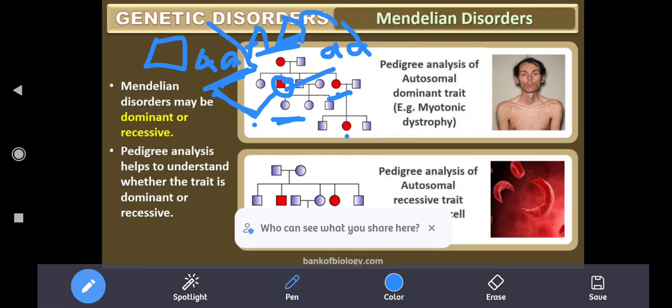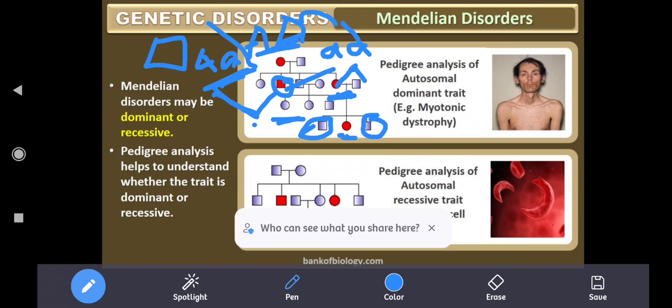She might have received a dominant trait from the female and a recessive trait from the male, so that she is also affected. Since she is already affected, when she marries a normal man, in the diagram they have shown two normal and one affected.